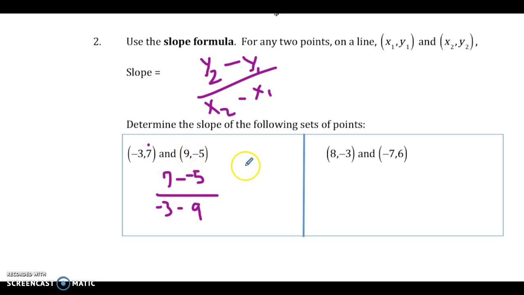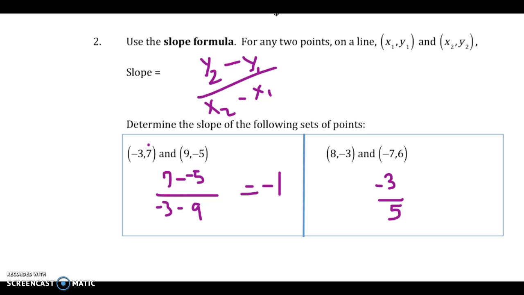And then I subtract there. So what I end up getting is 12 over negative 12, which will reduce to negative 1. So just make sure that you are checking your signs and being careful not to mix up your y1s and y2s and so forth.